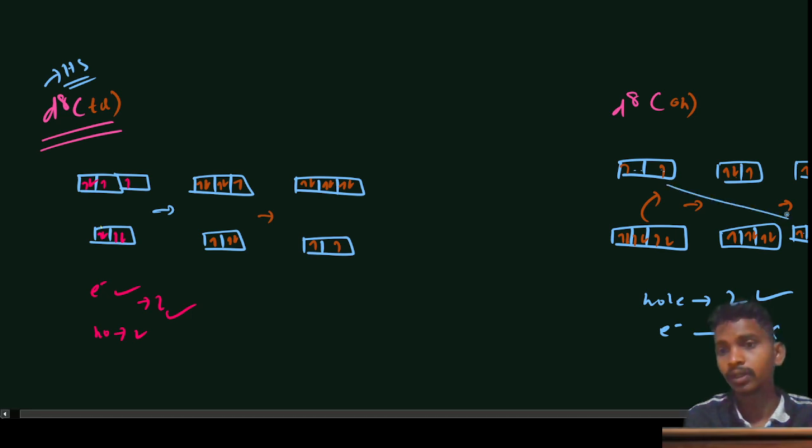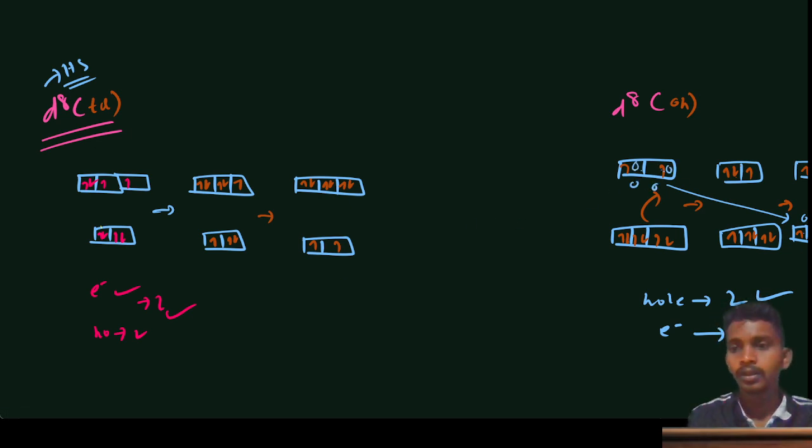From here 2 holes to here 2 holes created. Here also 2 holes were there. This is one hole, this is one hole, this is one hole, and this is one hole. So I will do the hole transitions here. Here I will do it according to electron transitions. Here the holes and electrons are the same, so you can do the hole or the electron transitions also.